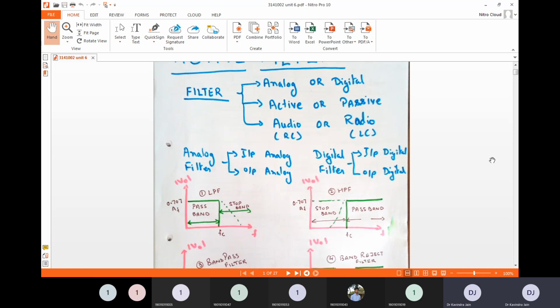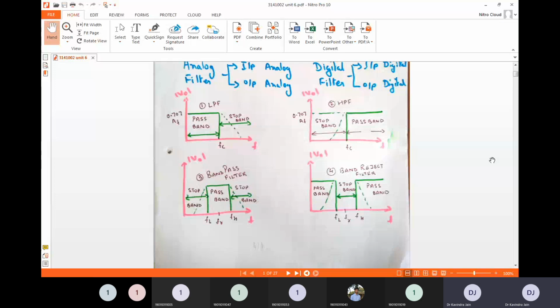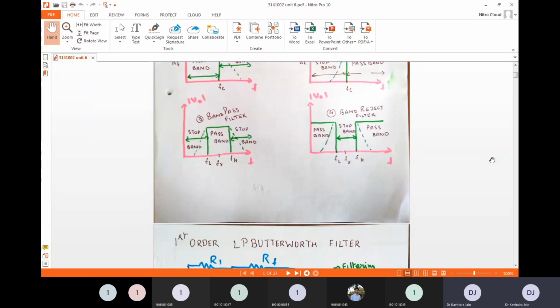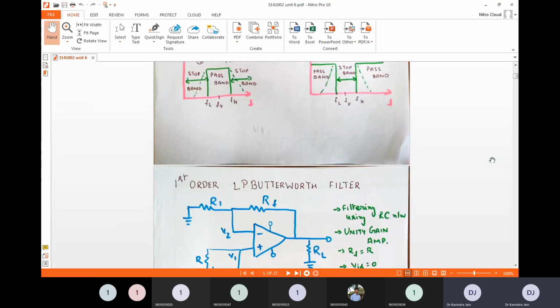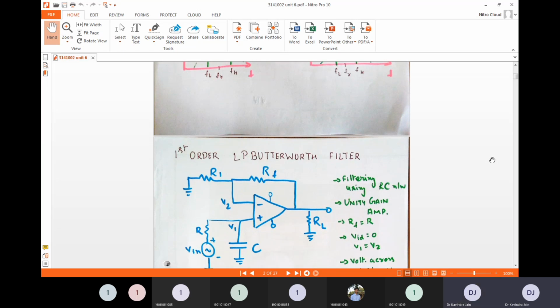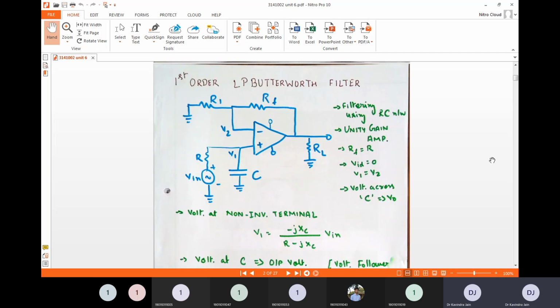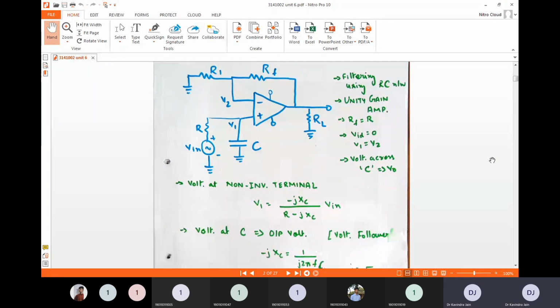In this first order low pass Butterworth filter, we had done a combination of RC network along with op-amp circuit, operational amplifier circuit. We started with the very basic definition, and further we have started deriving what is the voltage at non-inverting terminal in terms of V1 is equal to minus JXC divided by R minus JXC V in.